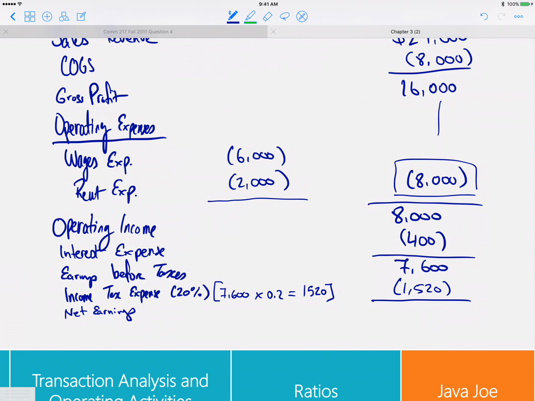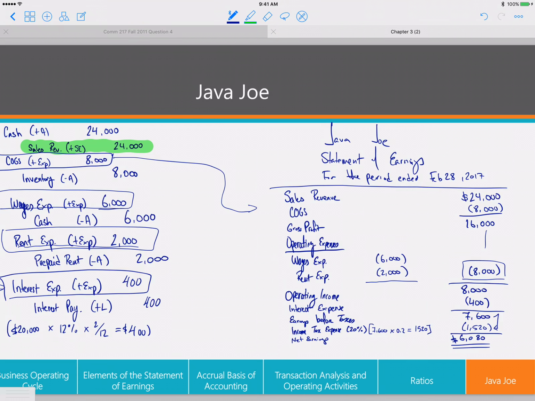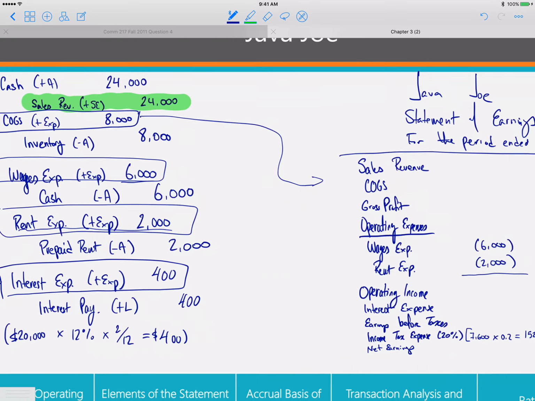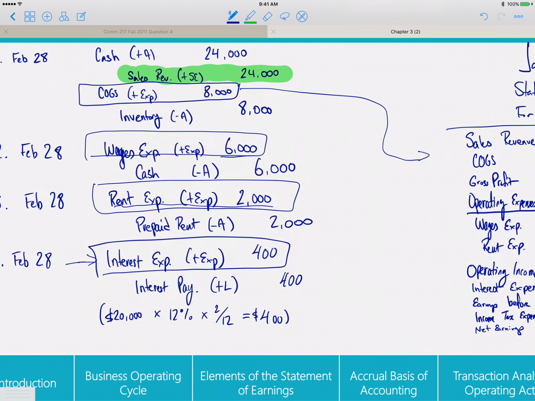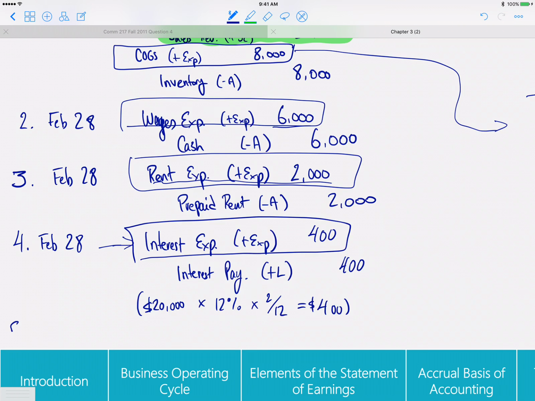earnings of $6,080, right? Because our earnings before taxes less our income tax expense gives us our net earnings. So what we're going to do is we're actually going to record the journal entry for our income tax expense for the period. We're going to recognize the expense now.